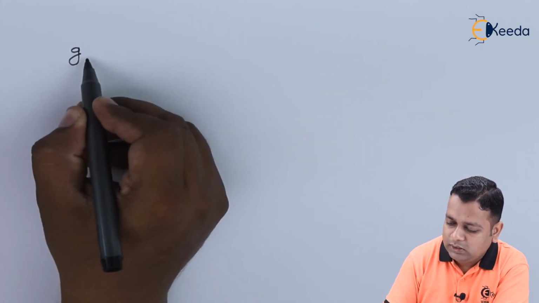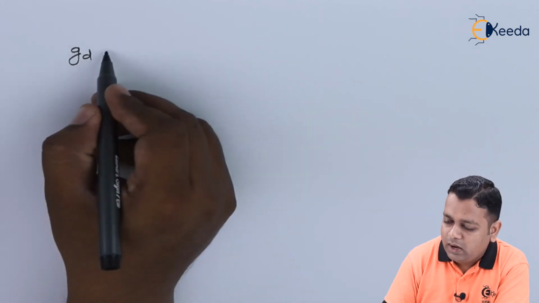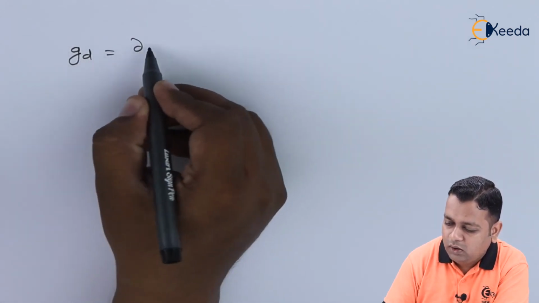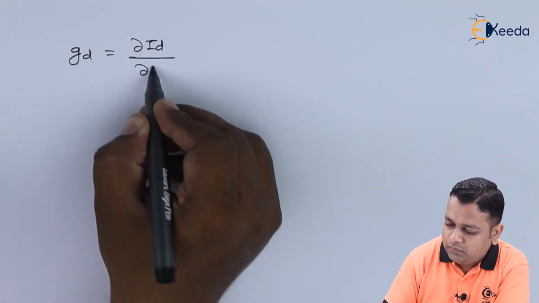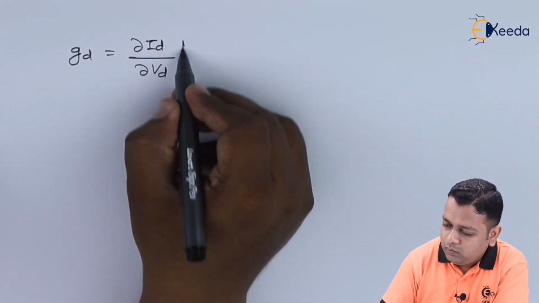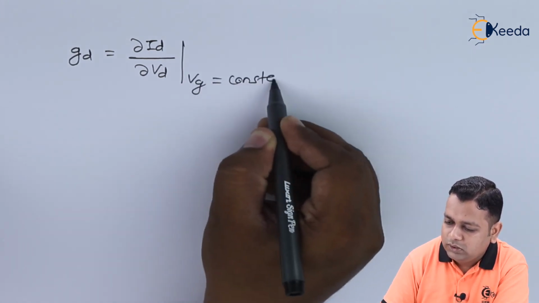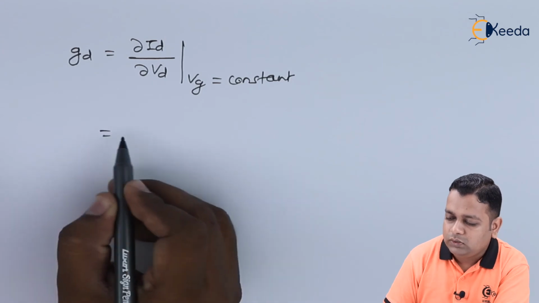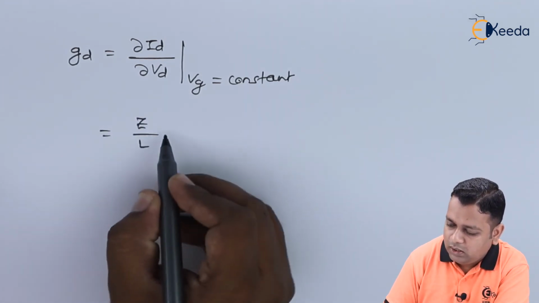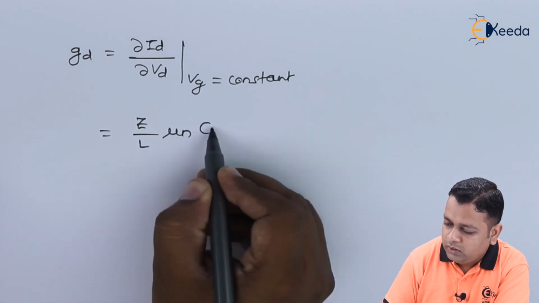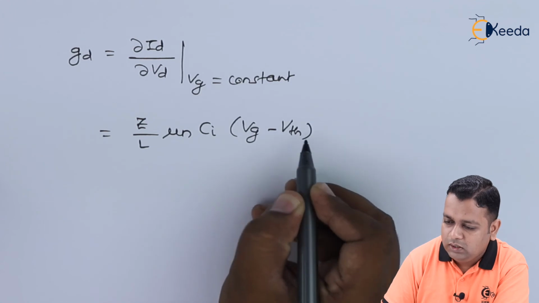The channel conductance can be represented as G suffix D, and it is the differential of ID divided by the differential of VD, provided VG, the gate voltage, is at constant level. This is further in terms of Z divided by L into mu suffix n, C suffix I, in the bracket Vg minus Vth.